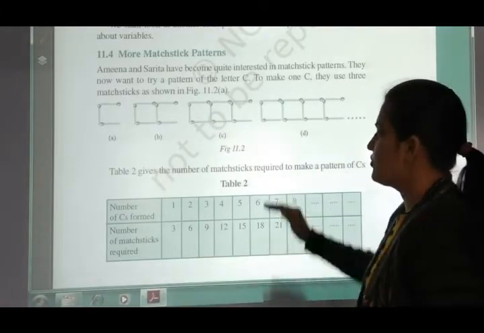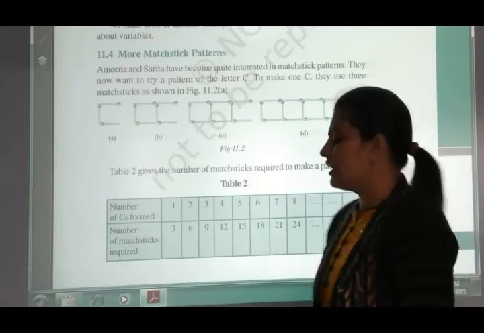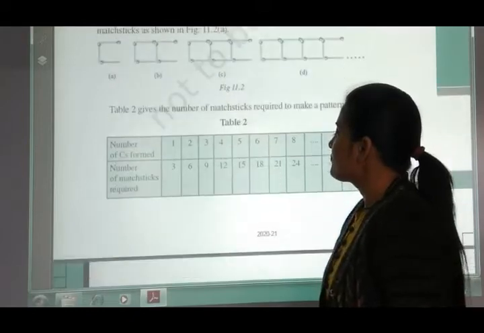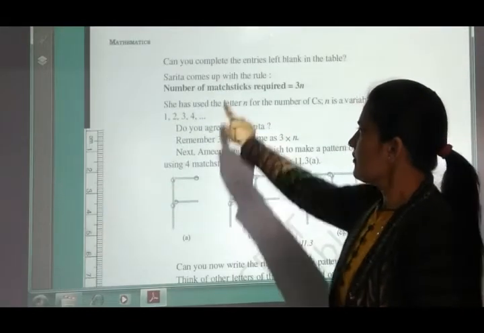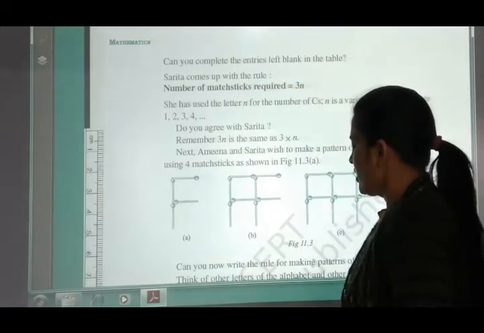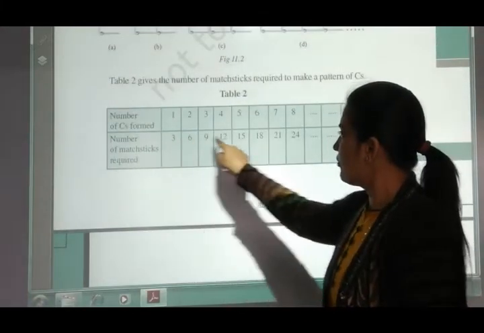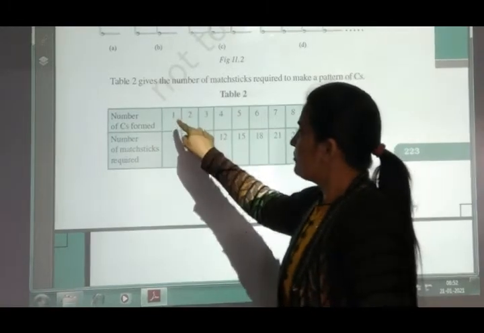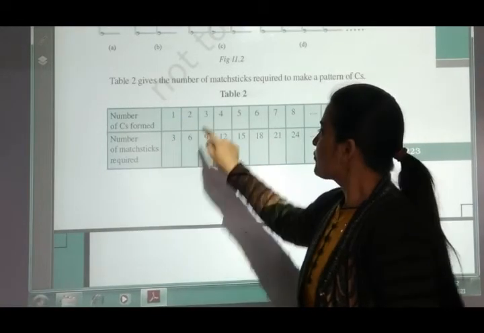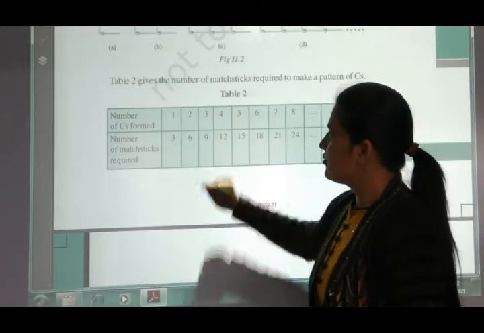Here what relation can you see? If you want to say what rule you can apply over here, then the rule is that the number of matchsticks required will be equal to 3 multiplied by n. Why? You can see all are multiples of 3 over here. Here 1 multiplied by 3 you will get 3, 2 multiplied by 3 you will get 6, 3 multiplied by 3 you will get 9.